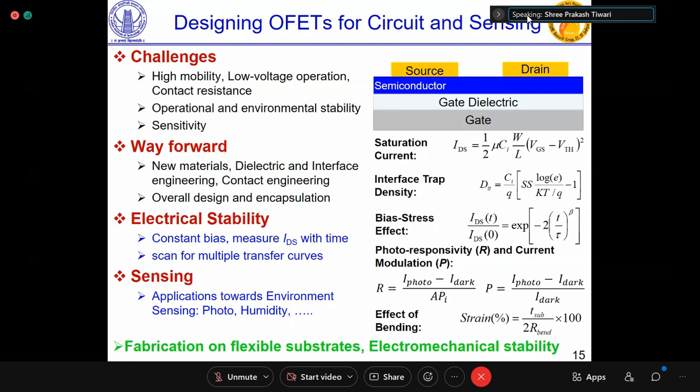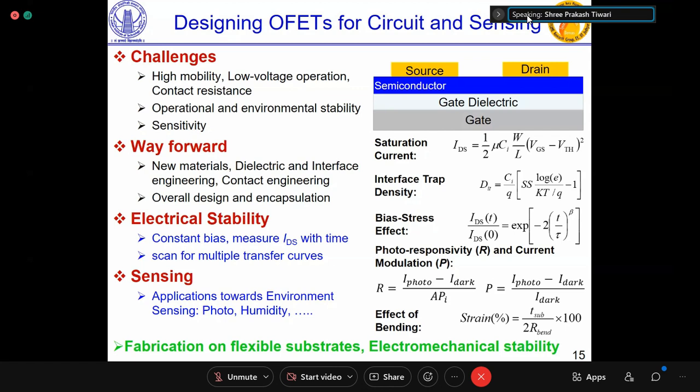For bias stress or electrical stability, we have done some basic modeling where you record the drain current over time. At time 0, there is a drain current called IDS 0. Then you find that there is an exponential decay most of the time, and that can help you model this bias stress decay if there is any.